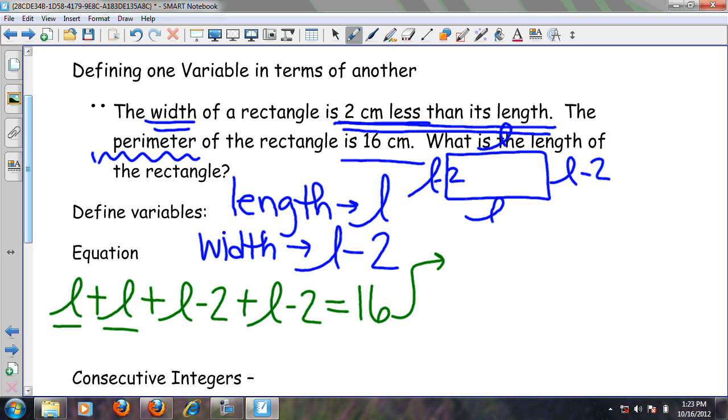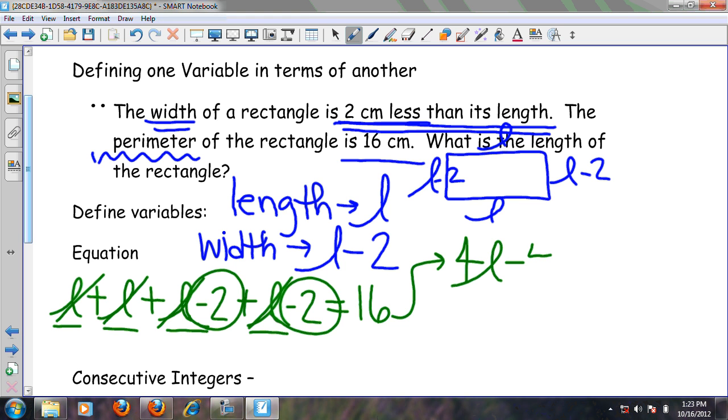Here's an L, there's an L, everywhere's an L. How many L's do I have? 4. So 4L. Minus 2, minus 2, minus 4 equals 16.